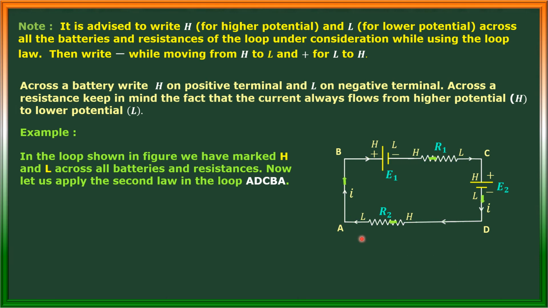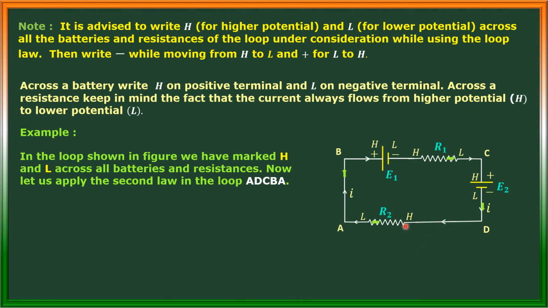First, I will move from A to D. So here I have to cross this resistor, and I am moving from lower potential to higher potential. So potential is increasing. Then you should take the potential difference across this resistor as plus.